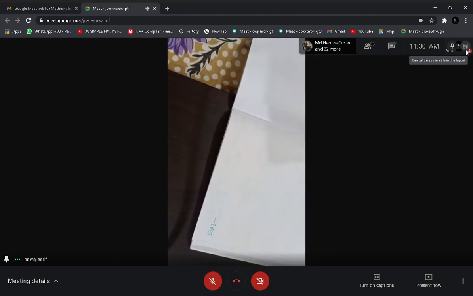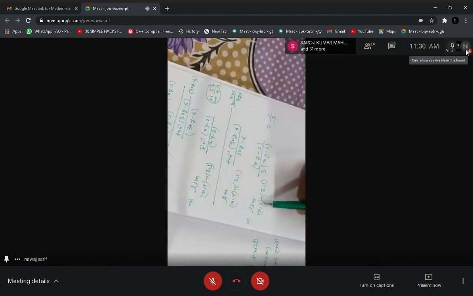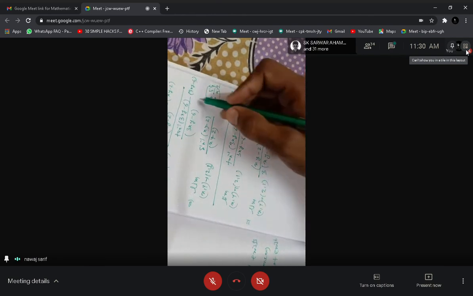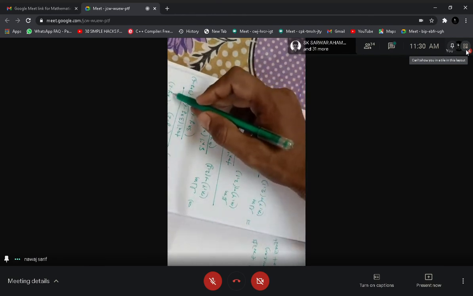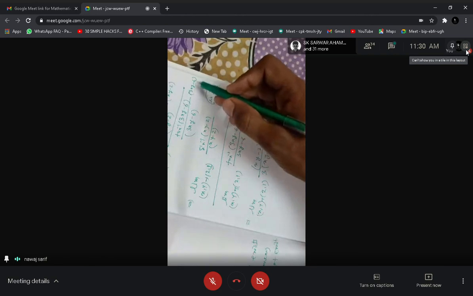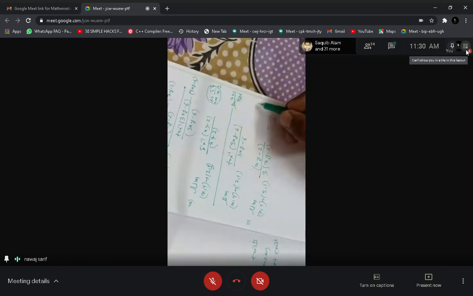Now, the last step, once again. Okay, the last step is which is multiplied: xy minus 2 and 3xy minus 6. These are multiplied.